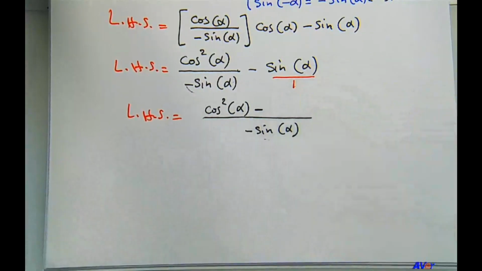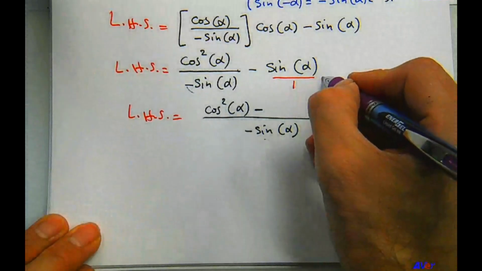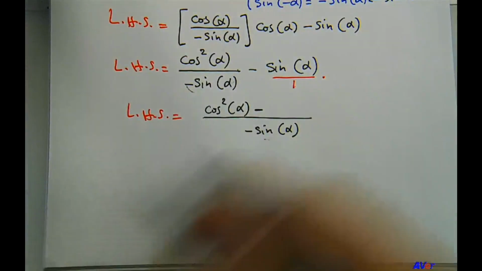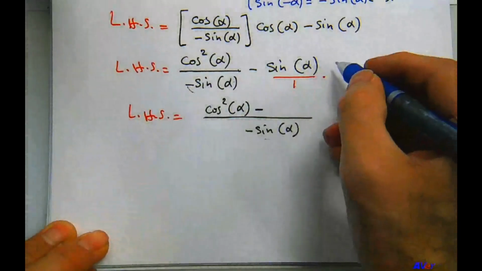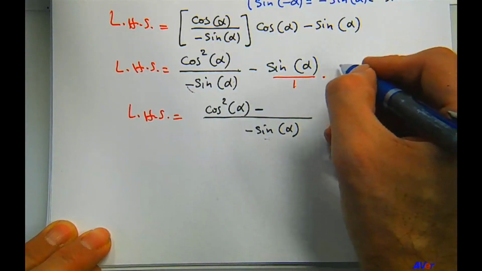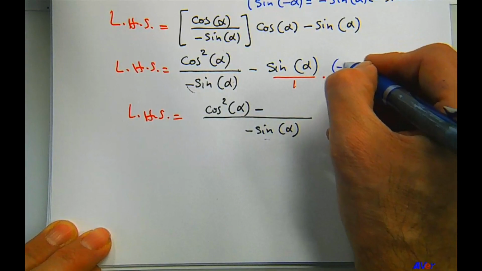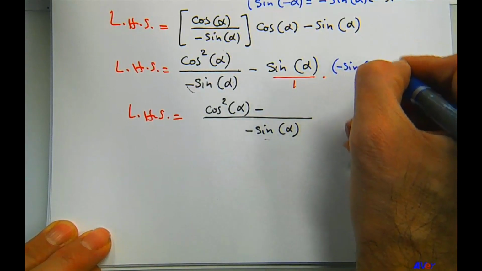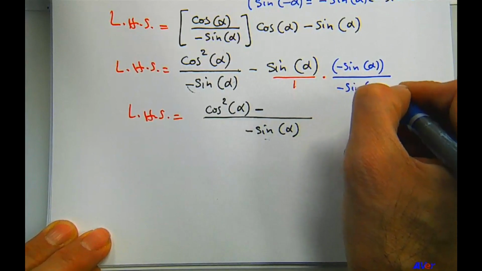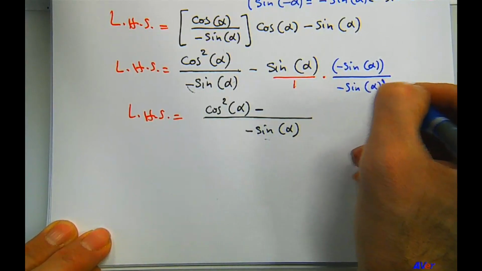So let's multiply both the numerator and the denominator by the minus sine of alpha to make the denominator what we want, right? So times minus sine of alpha divided by minus sine of alpha, like that.